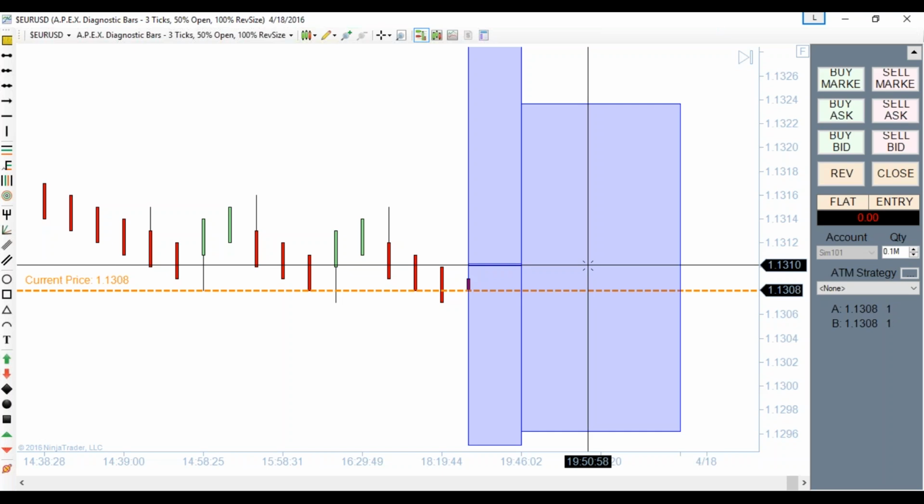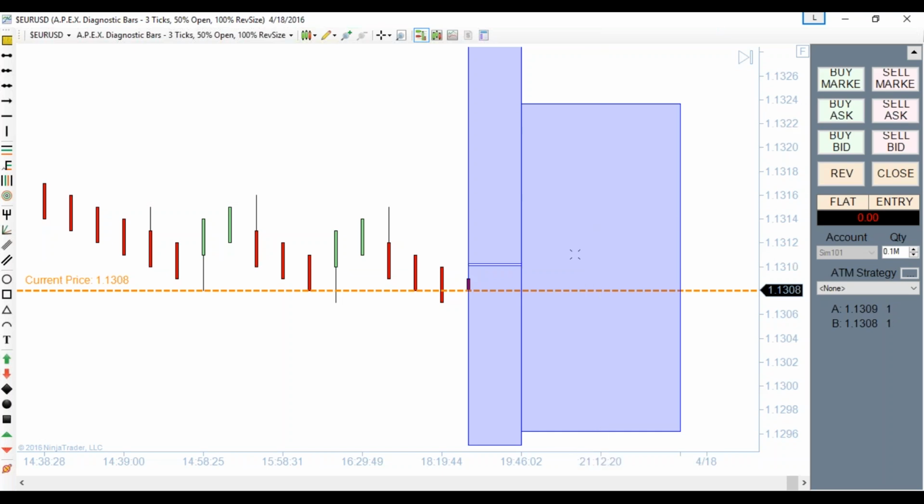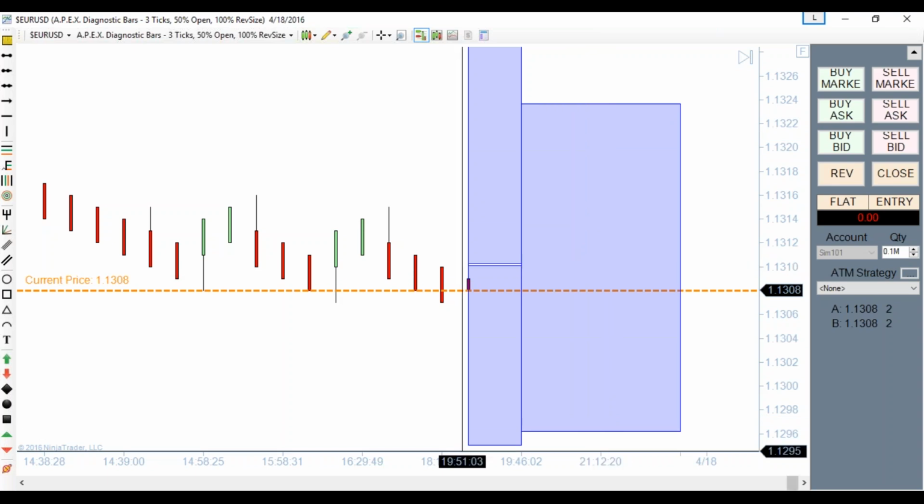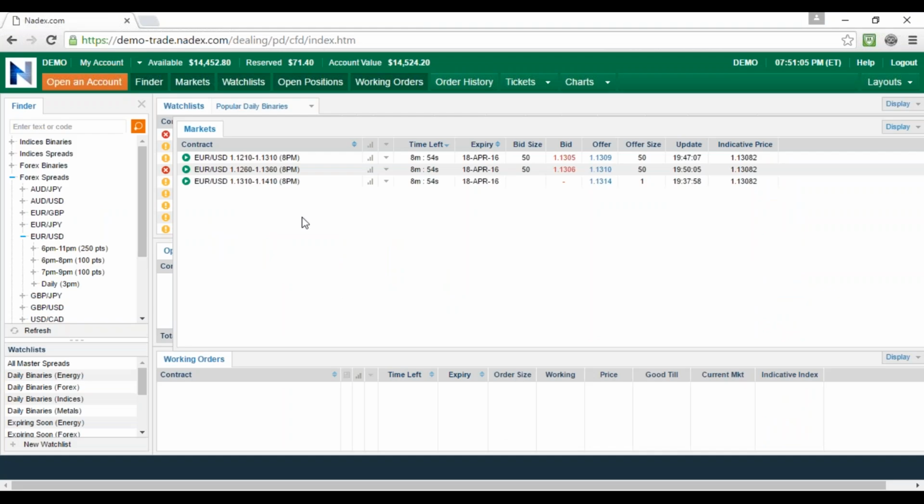So 13.10 would have 50 going up and 50 going down. Let's look at it. So we have one where 13.10 going down 100, 13.10 going up 100. Then we have this 12.60 to 13.60, so what's right in the middle? 13.10. All right, does that make sense? Does that help make spreads a little simpler?